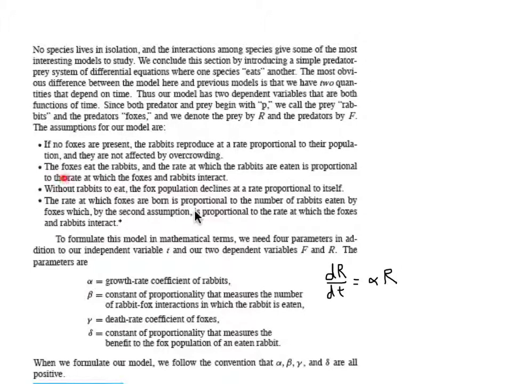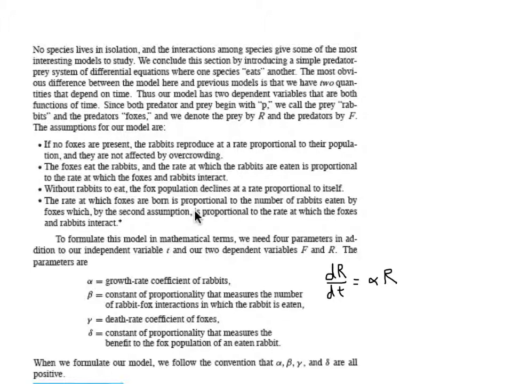The next assumption, the foxes eat the rabbits, and the rate at which the rabbits are eaten is proportional to the rate at which the foxes and rabbits interact. So when a fox eats a rabbit, we lose a rabbit.